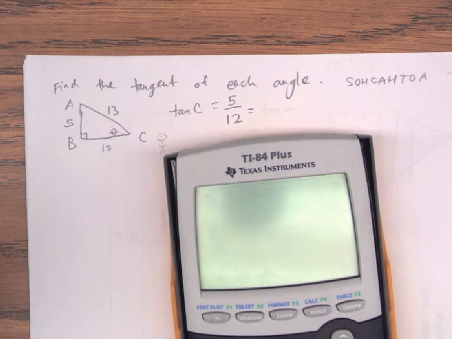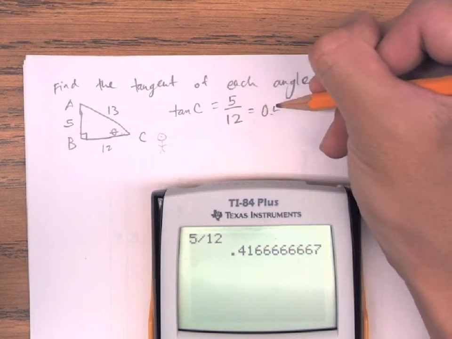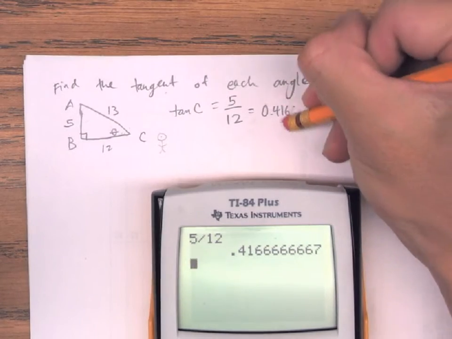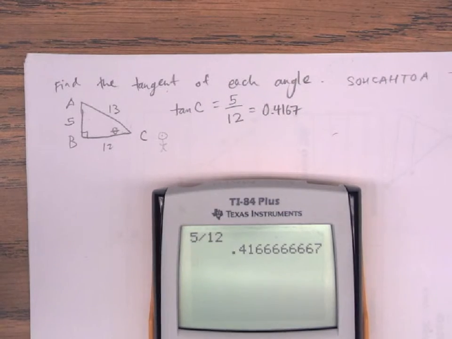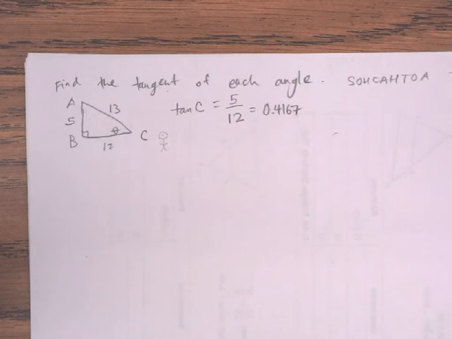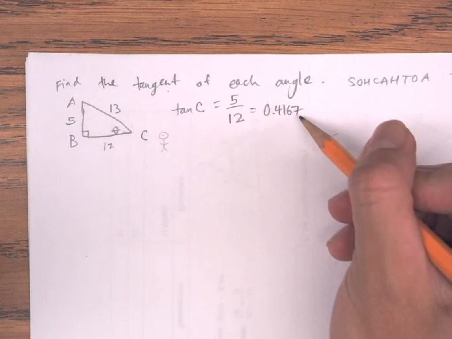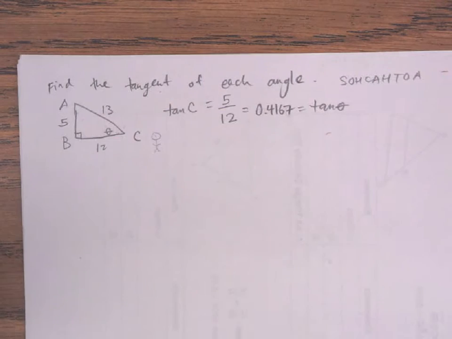So 5 divided by 12 is about 0.4166, maybe I'll just do 0.4167 to round. So this decimal is going to equal tangent of theta.